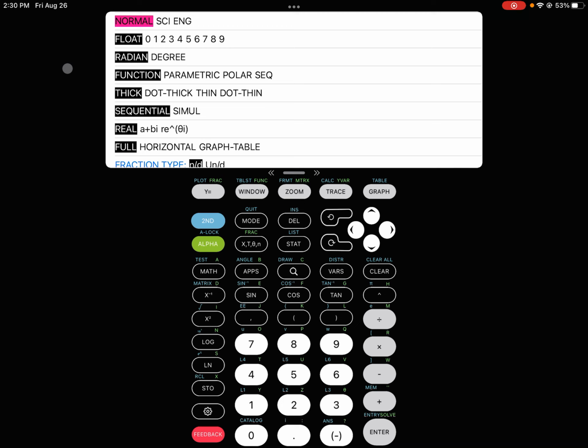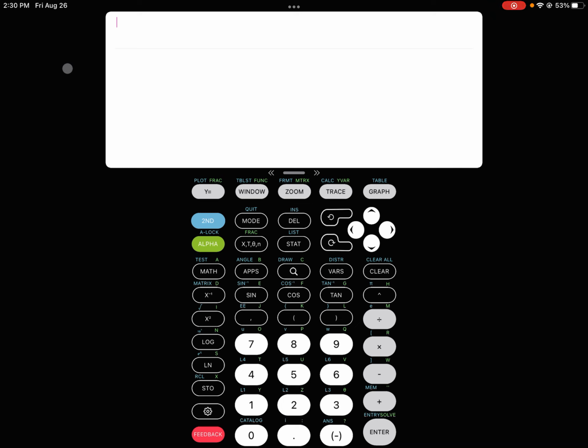You can notice that I can be in radians or degrees. Depending on your situation, you need to make sure you're either in radian mode or degree mode. To switch, all you do is highlight it and push enter. So this calculator is now in degree mode. If I want to go to radian mode, I go to radian, push enter. Okay, so that's how you switch your modes.